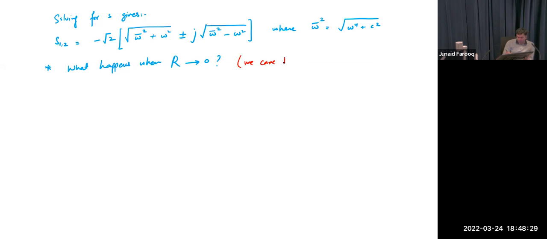We care less about energy, or effort. Remember R was 1 over c squared, so if R is going to 0, then c becomes very large.